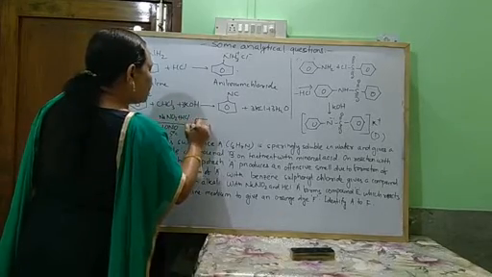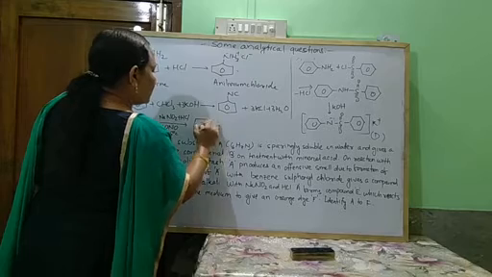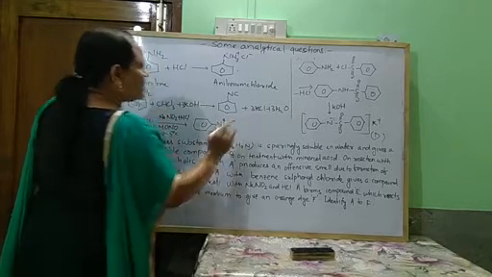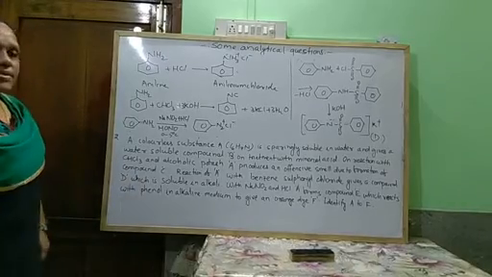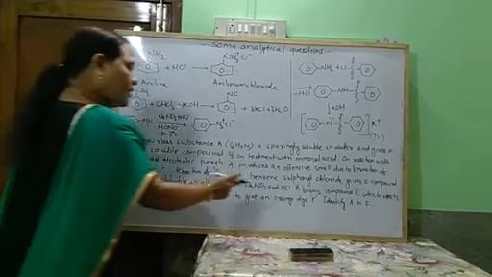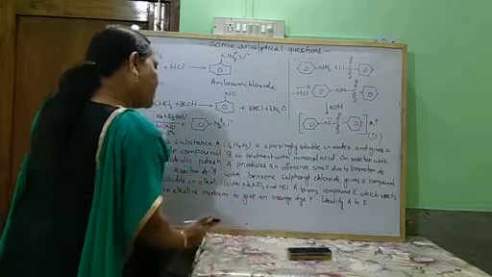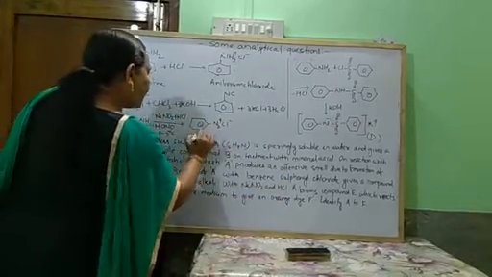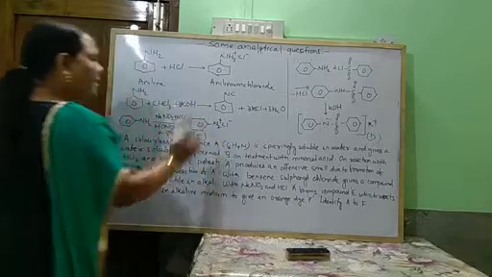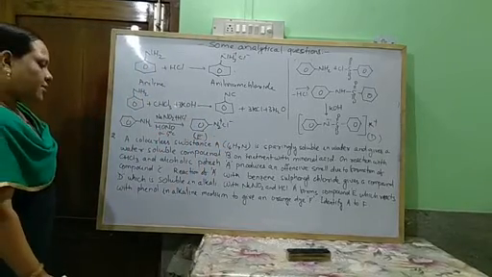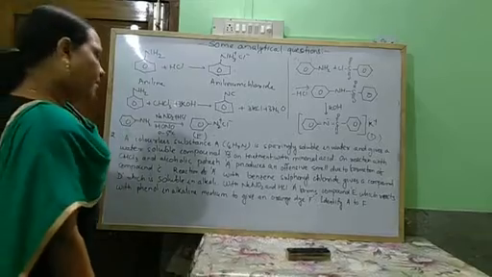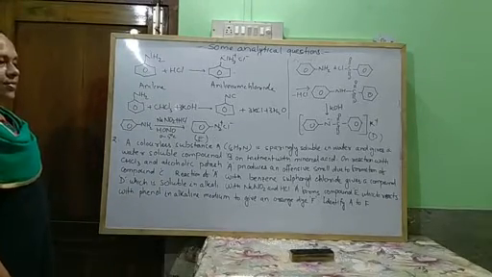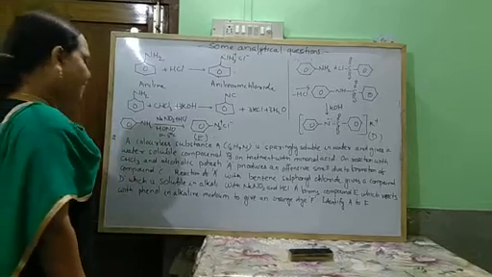It forms benzene diazonium chloride, N2 plus Cl minus, and forms E, which reacts with phenol in alkaline medium to give an orange dye F.